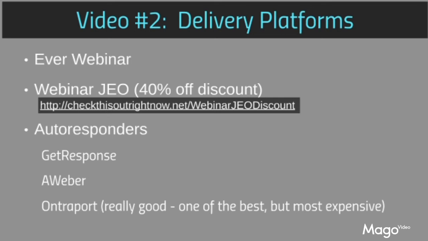So you obviously will save a lot of money by going with GetResponse or Aweber versus Ontraport. But if you have a little bit of money, I would definitely recommend going with Ontraport because you can do a lot more. And we found that the inbox delivery rate, in other words, the emails getting to your prospect's inbox, is a lot higher.